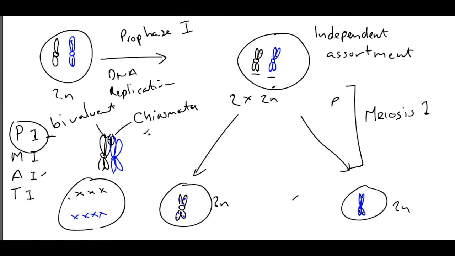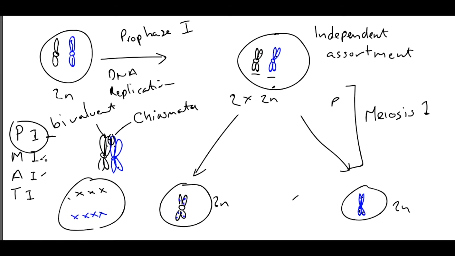That makes all these different. The chromosomes have different genes on them now. They're no longer chromosome from dad and chromosome from mum. They're a combination, and it's random and it's independent assortment.